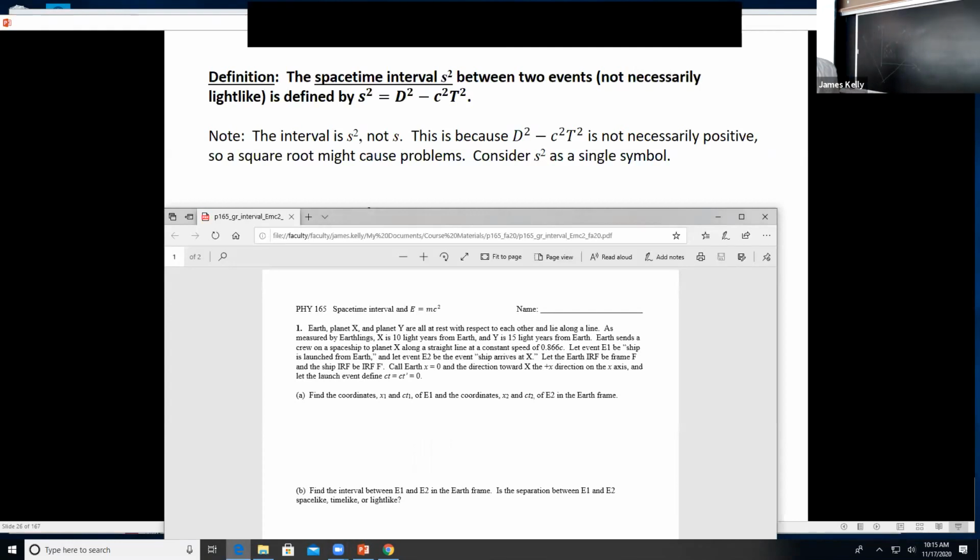We're working on problem 1 here, parts A and B.